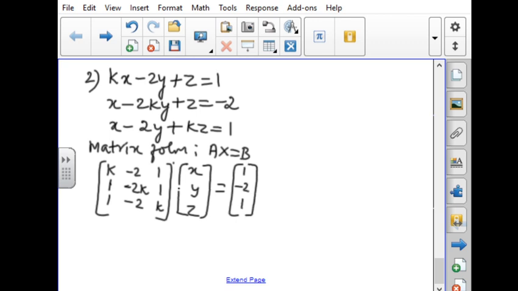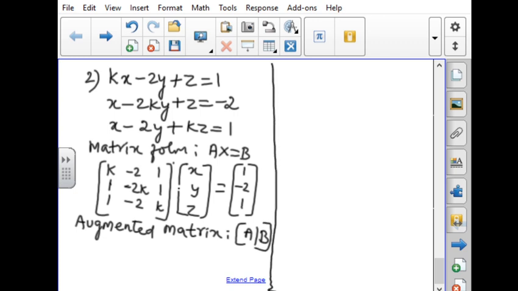Now we are going to write down the augmented matrix. The augmented matrix is nothing but A bar B, that is the A matrix followed by the B matrix.